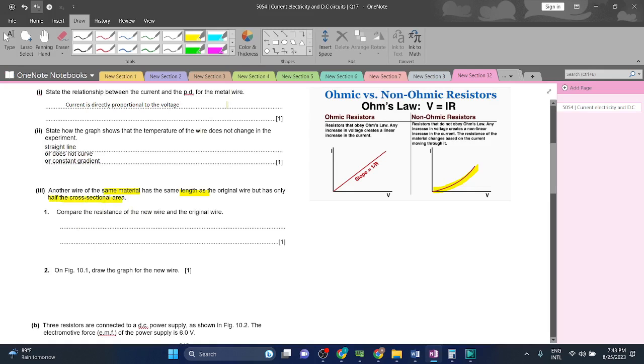Compare the resistances of the new wire and the original wire. The original wire had a cross-sectional area of 1, and the other wire has half the cross-sectional area. So what is the relationship between cross-sectional area and resistance? What did I tell you? If the area increases, the resistance will decrease.